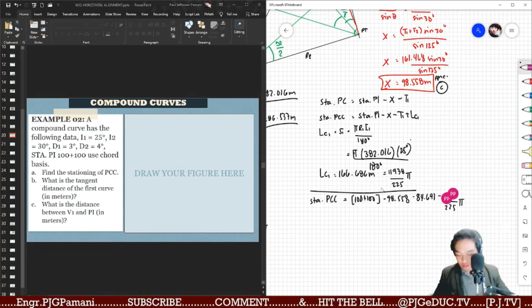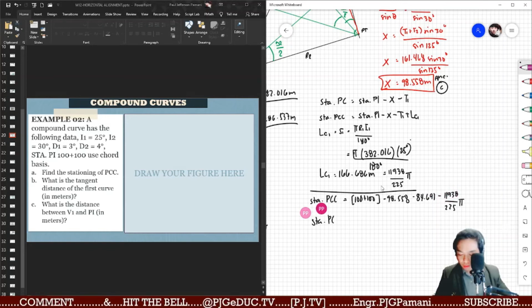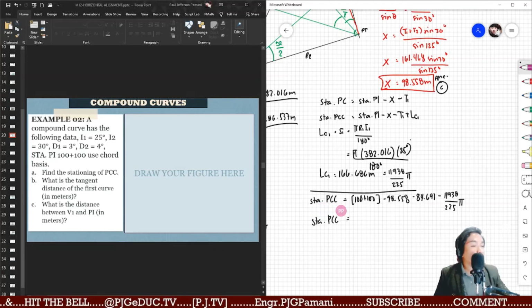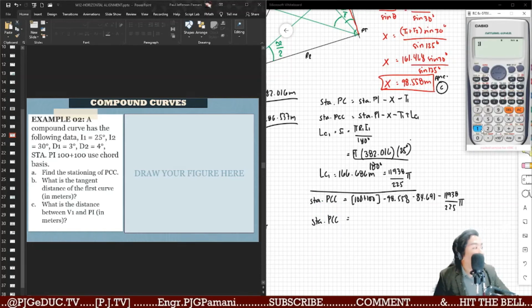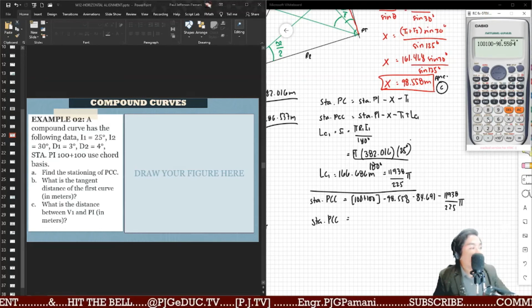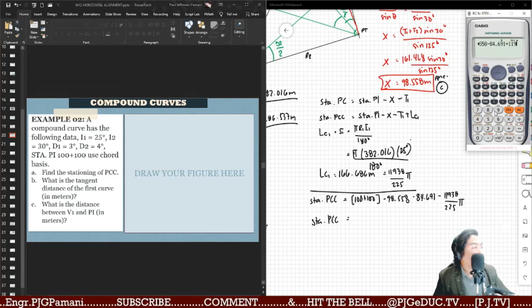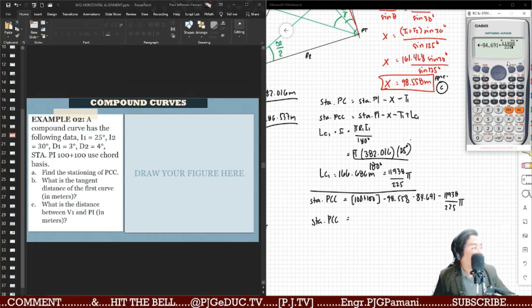Ayan lang naman. Station of the point of compound curve is simply equal 100 minus 98.558 minus 84.691 plus 11938 over 225 shift pi.